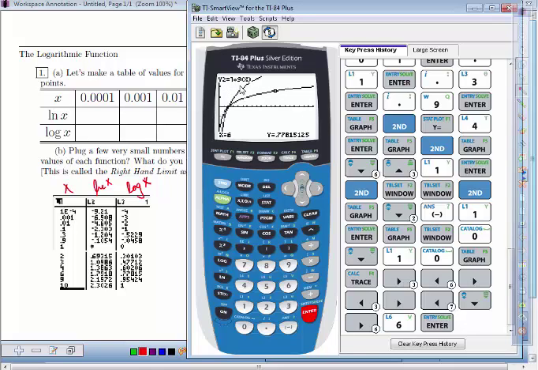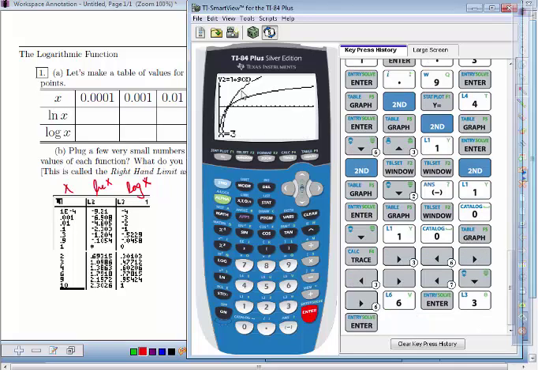Just type in a number. Oh, okay. Just hit 3, enter, and then I'm at 3. You see down here the x value and the y value. But you can't just type in any y. No. You have to type in the x to get the y, but you can't type in the y to get the x.